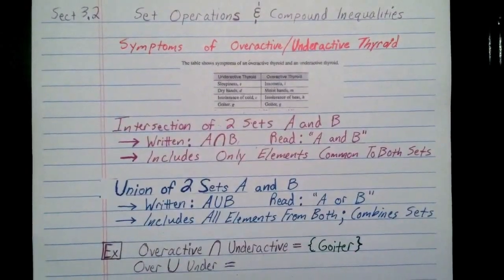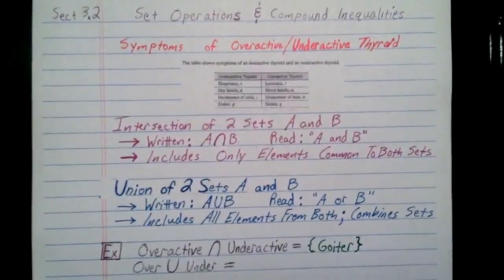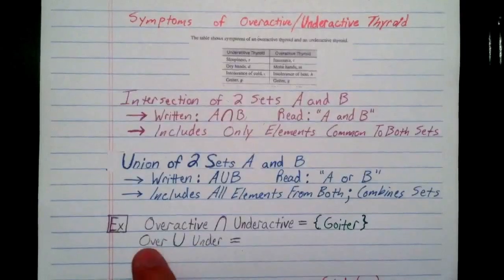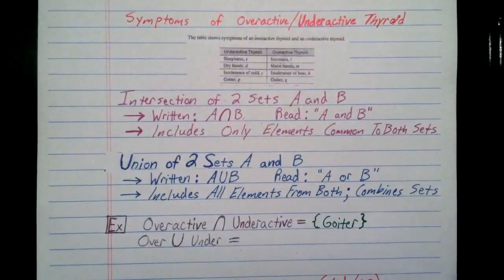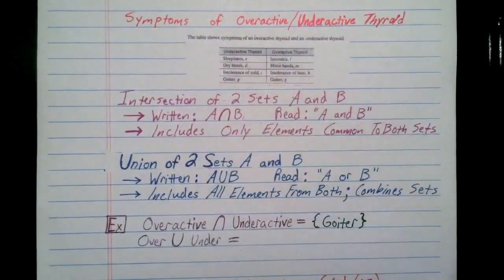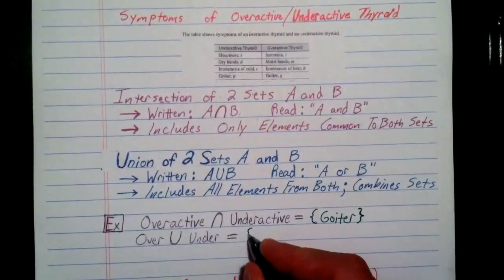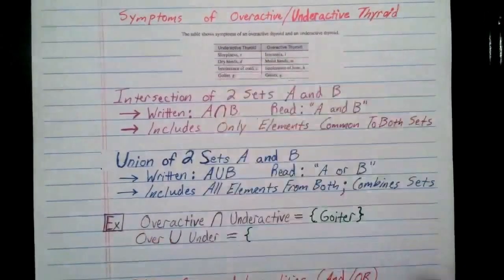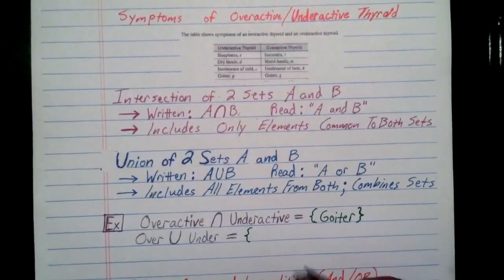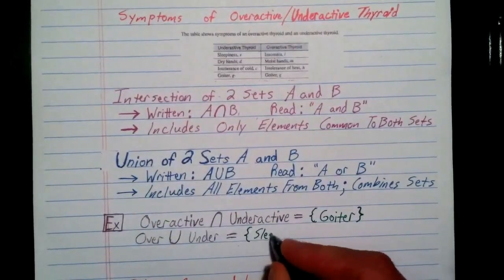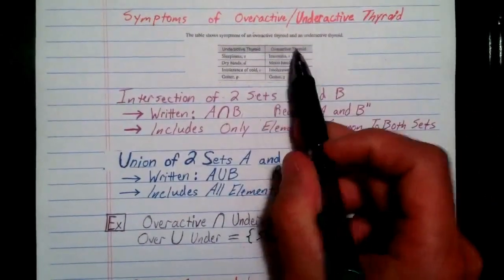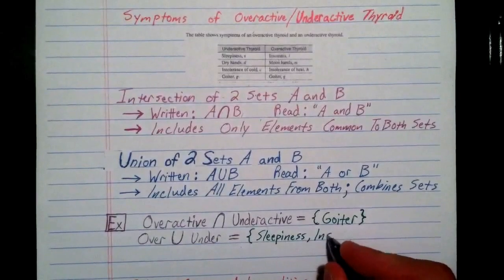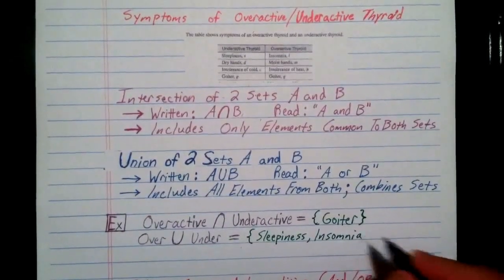Whereas if you're asked to find the union of the two sets, the overactive or the underactive, that's how you read that, you'd have to list whatever symptoms happen to be in one list or the other. So every single possible symptom in the two lists needs to be written down. We had sleepiness, and the overactive on the opposite side was the opposite of that, insomnia, lack of sleep.